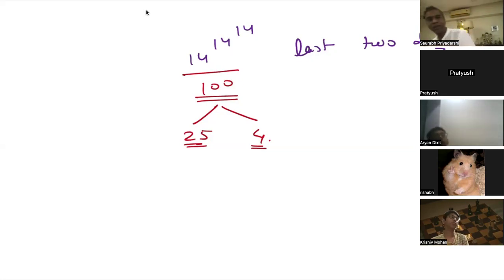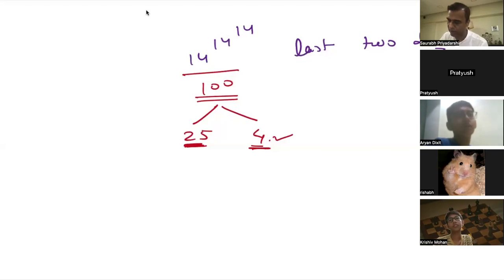Just two factors are there, and in CRT it may be 2 or 3 or 4 or 5 or n factors. In this question I'm getting two factors only, 25 and 4. Since the number is always divisible by 4, that will be a separate part. Now I'm just taking care of this only: when I'm dividing this by 25, what remainder am I getting?